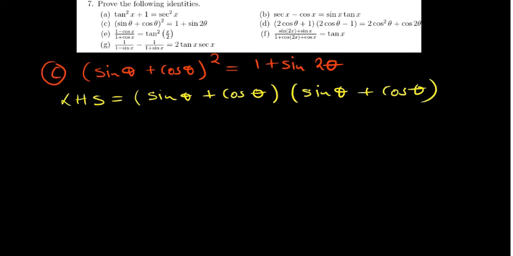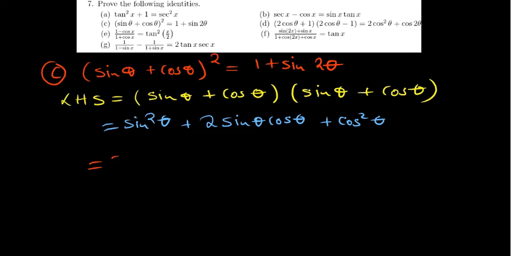We can now multiply. Sine from this bracket by the other one there gives sine squared theta, and then, of course, a repetition of sine theta times cosine of theta, which is sine theta cosine theta. Again, cosine theta gives us the same, so it will be 2 sine theta cosine of theta, and then cosine times cosine would be cosine squared of theta.